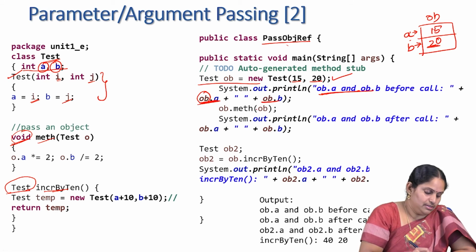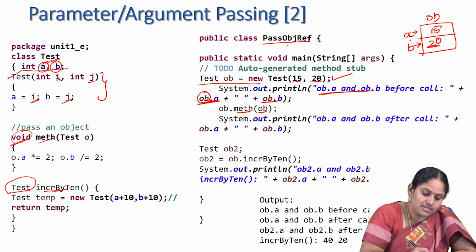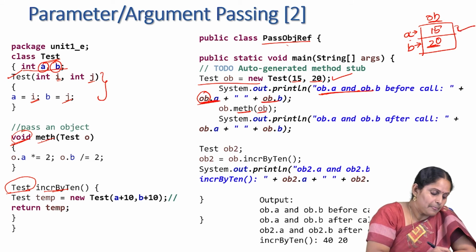Now we are calling the method on the object. This object OB is passed to the method.